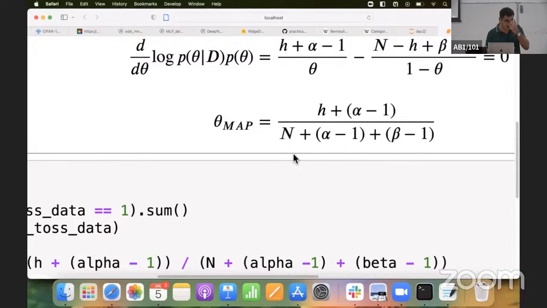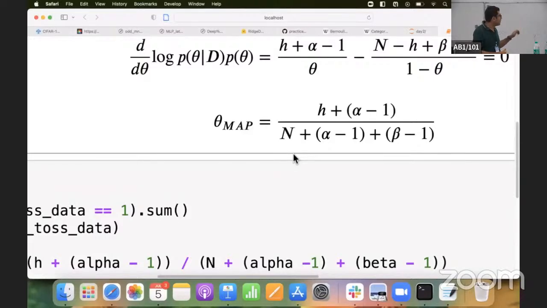So previously theta hat MLE was what? H over N. Theta hat MAP is H plus alpha minus 1 divided by N plus alpha minus 1 plus beta minus 1. Right? So this is what I was saying, can you now think in your head that you had previously thrown alpha plus beta coins when we were discussing the prior, right?